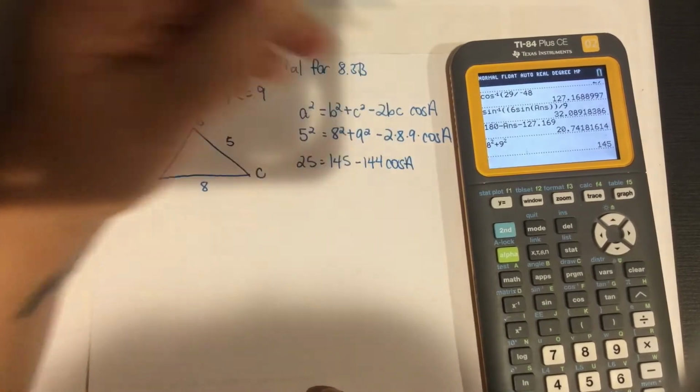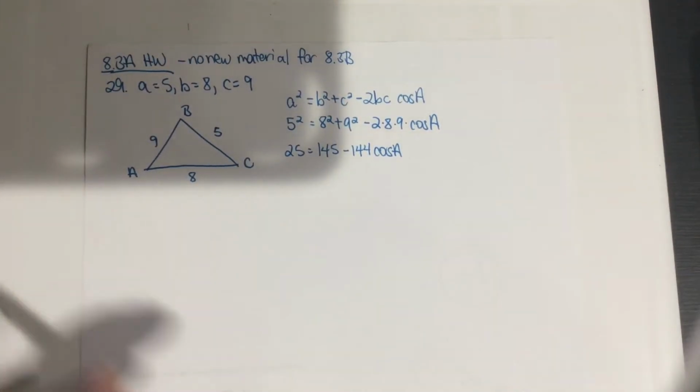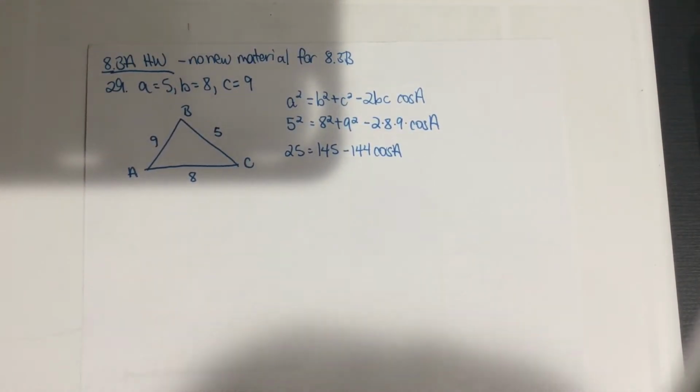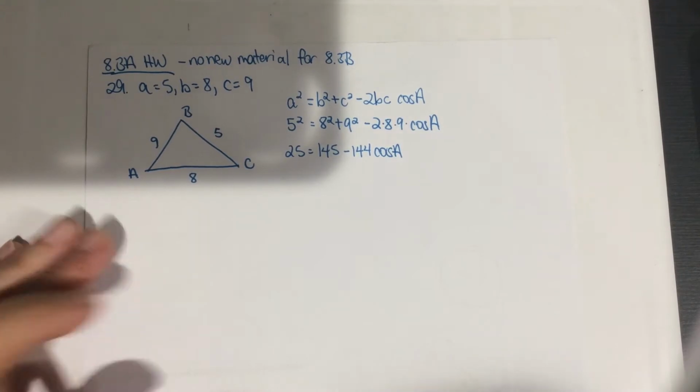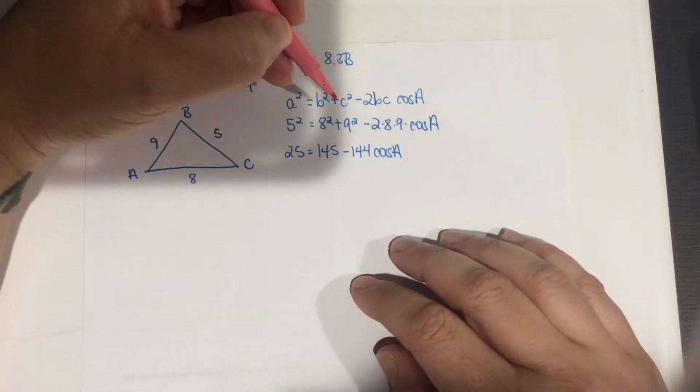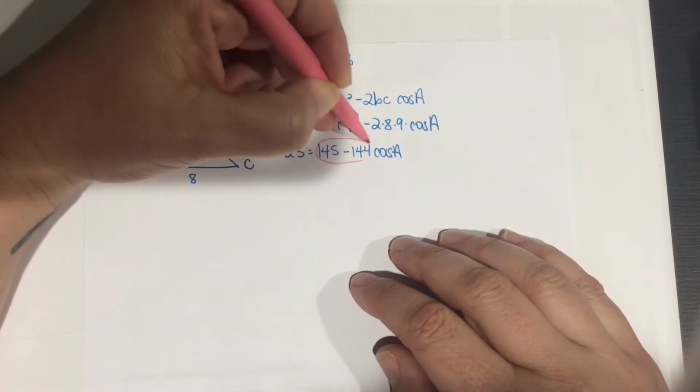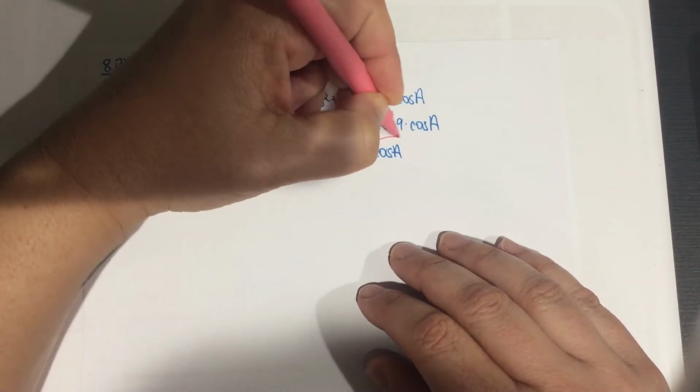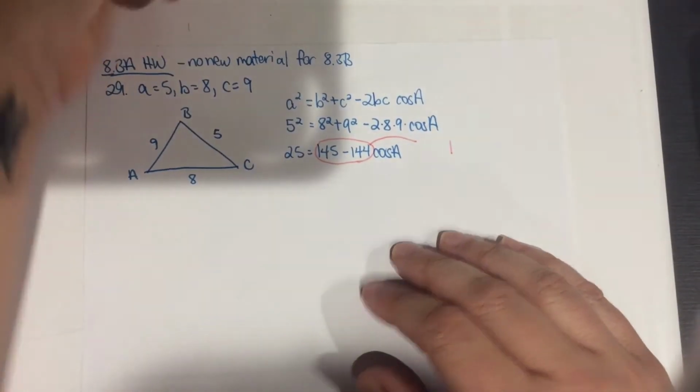Since this video isn't going to be long like the last one, I felt like I kind of rushed through it because it was getting really long. So let me show you what I mean by that common mistake. A lot of times people are going to go like this: 145 minus 144 is equal to 1.